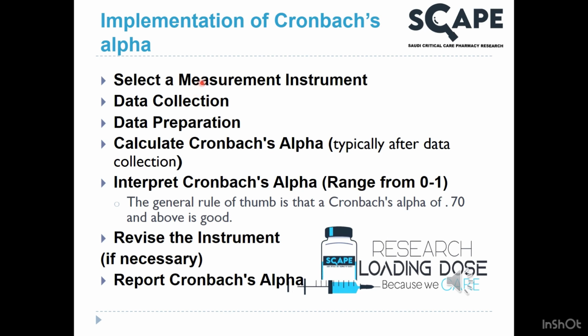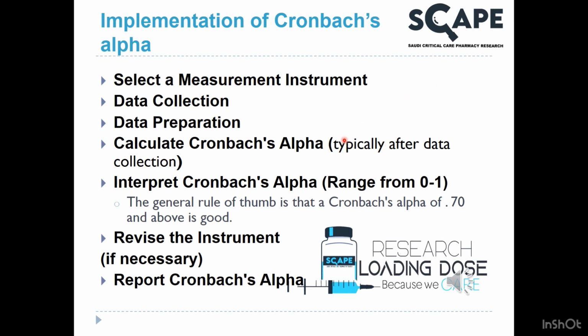And then once we are done with the selection of the measurement instrument, the next step is data collection. The data collection could be collection of responses from the participants for each item in the instrument, which is nothing but the questionnaire, and we need to make sure that data is coded and recorded accurately.